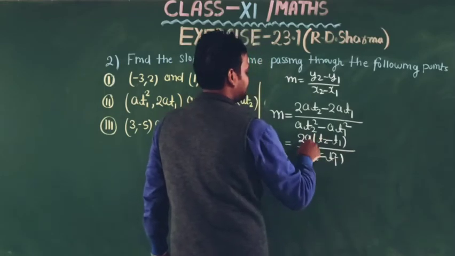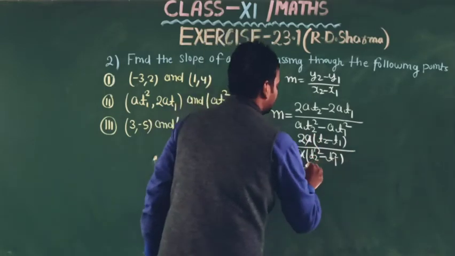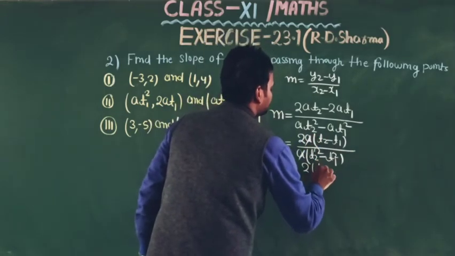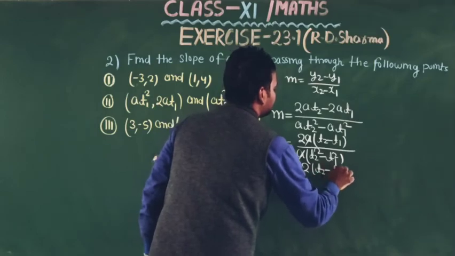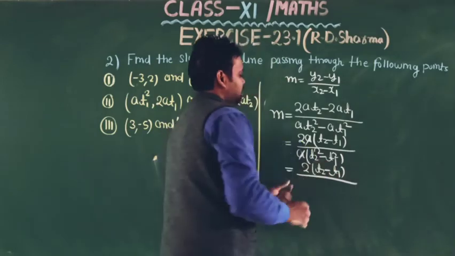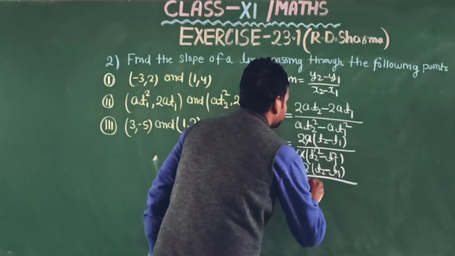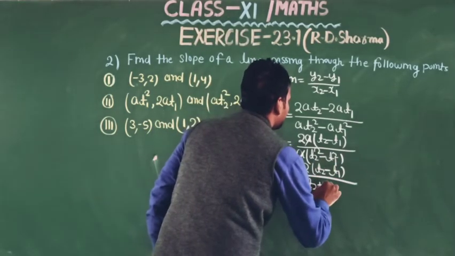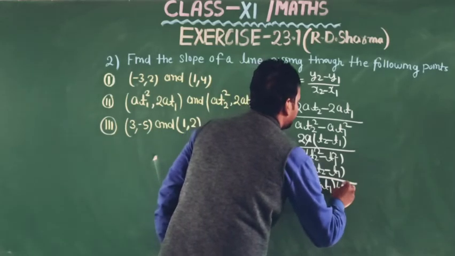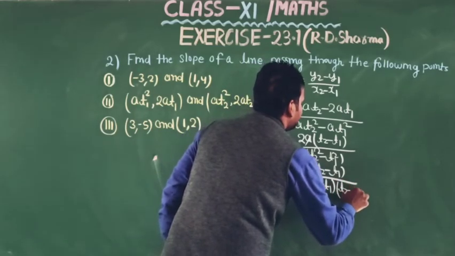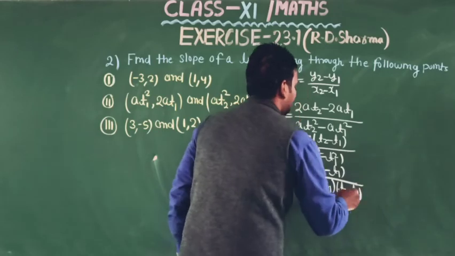So a cancels out, and we have 2 into (t2 minus t1) upon (t2 minus t1)(t2 plus t1), since t2 square minus t1 square can be written in brackets.